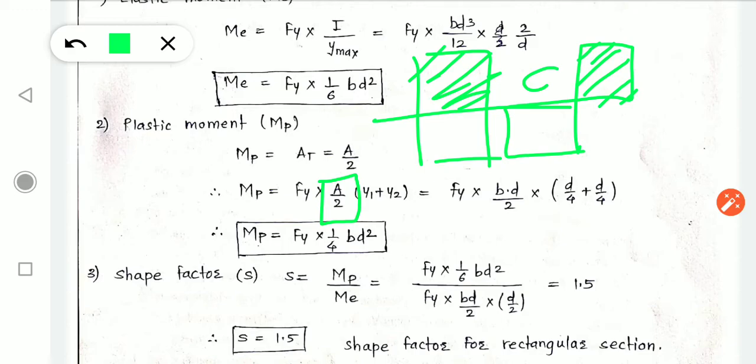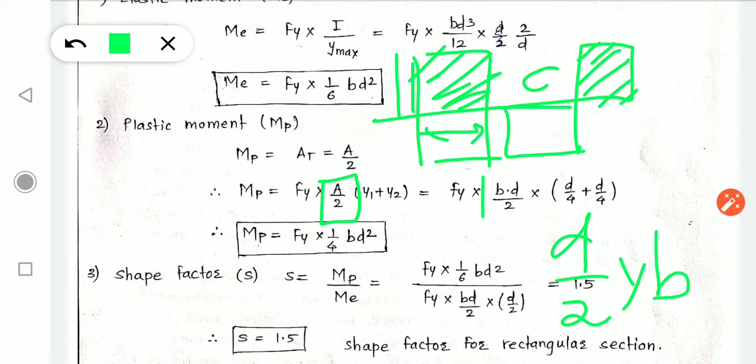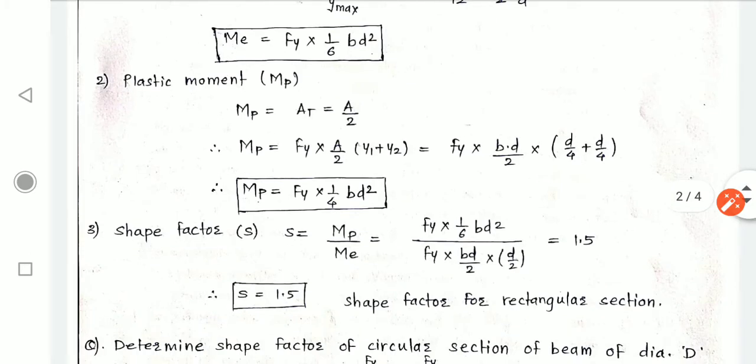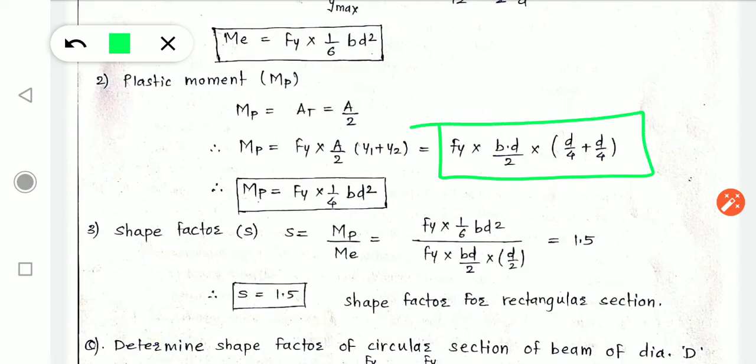It is not half of b, it is half of this, d by 2, into the horizontal distance considered as b, so b into d by 2, that will be the area of the compression side. All formula values we already mentioned. Simplify it, you will get Fy into 1 by 4 BD square.